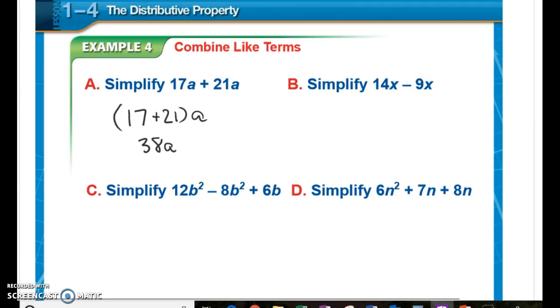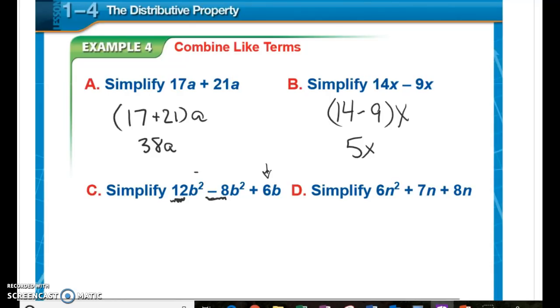Okay, simplifying this one, 14 minus 9x, so that's going to be 5x. Now we don't normally write it out like that to show the work. Once you get good at this, you just take the coefficients in front, including this negative. Those are the like terms; this one is not a like term.